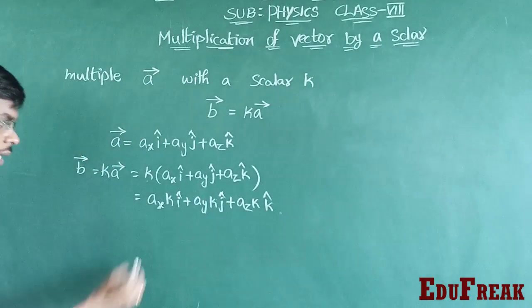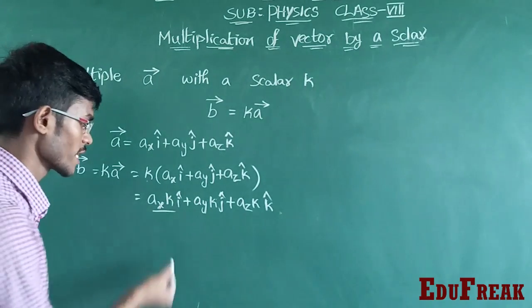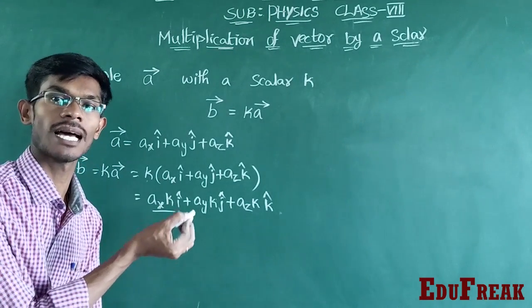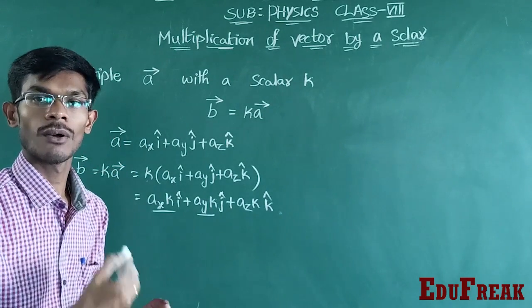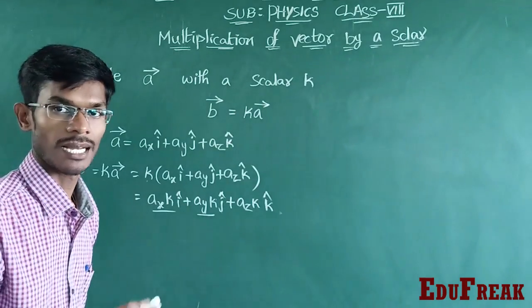Here axk is a scalar, only the magnitude, and i cap represents the direction along the x axis. Ayk is the magnitude along the y direction, and j cap is the unit vector along the y direction.